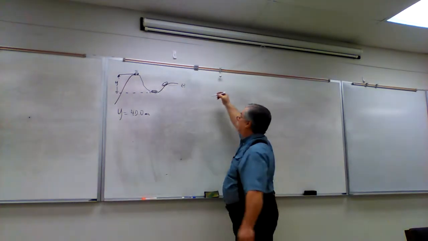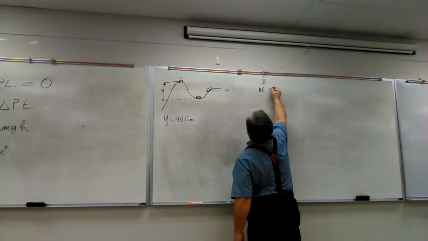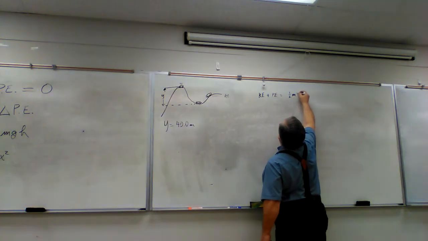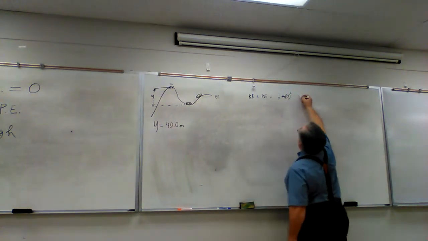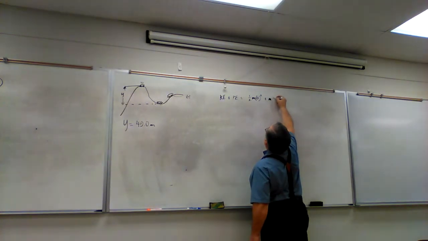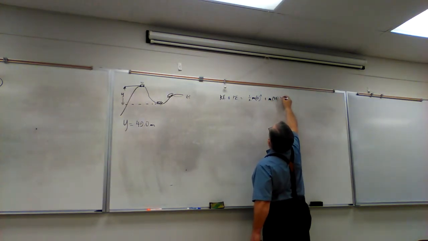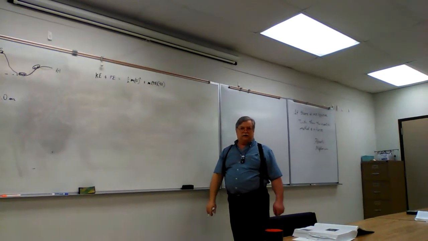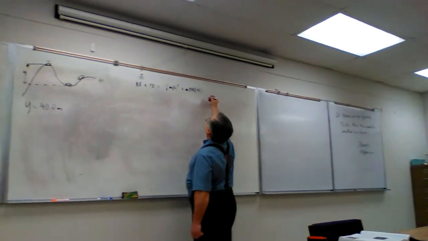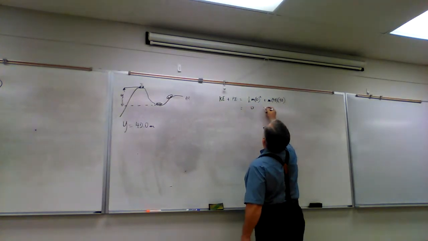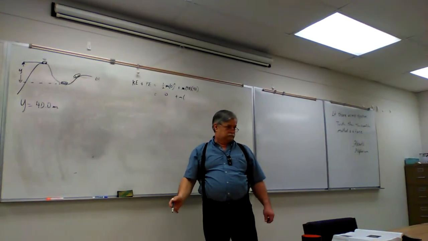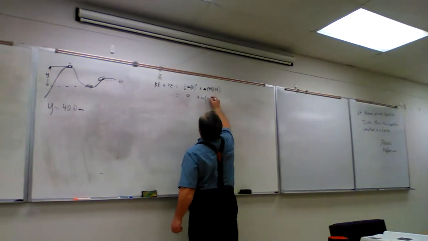What's our total energy to begin with? It's 1/2 mv squared plus mgh, which equals 0 plus m times, what's 9.8 times 40? 392.